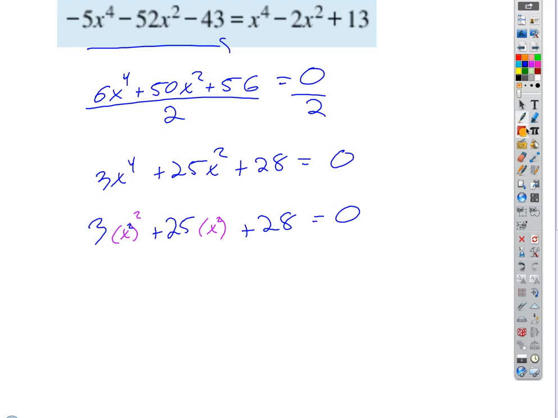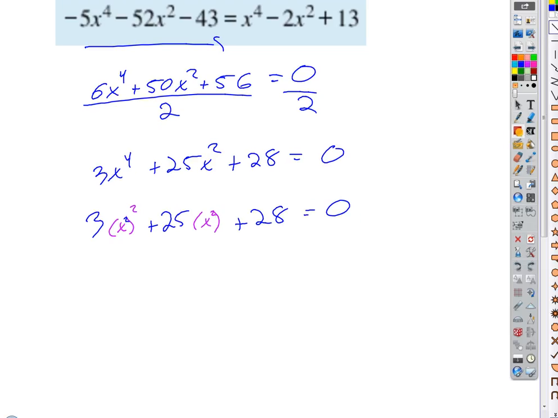Think of it this way. What if I just covered the x squared up with a black dot? Pretend that was my variable. Then I would have 3 times dot squared plus 25 dot plus 28 equals 0. That looks quadratic, right? The quadratic formula would just be dot equals, right? But instead of a dot, it's an x squared, right?